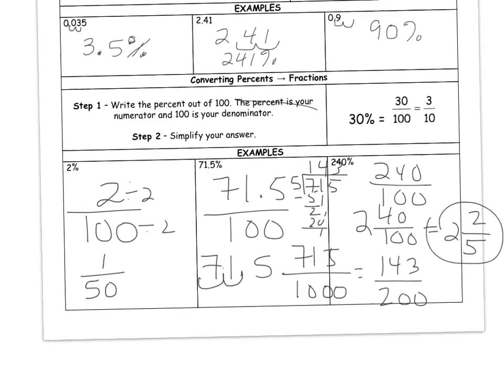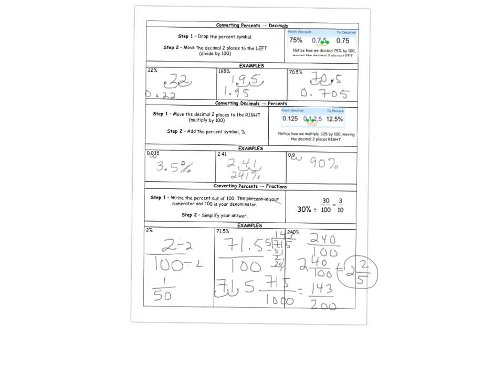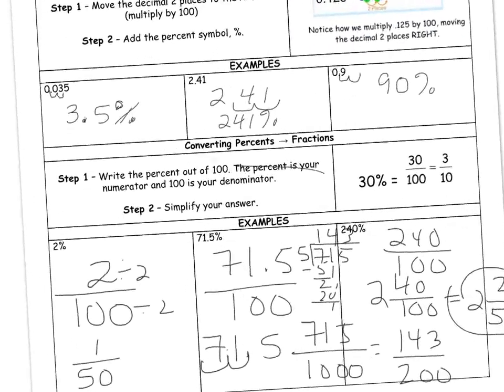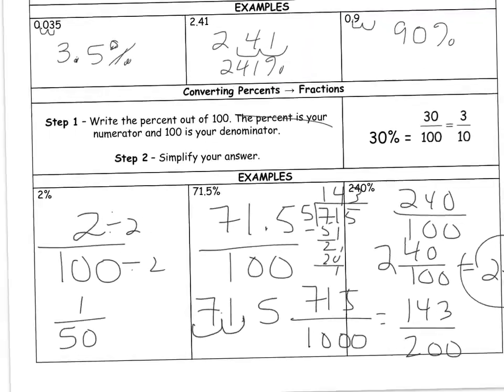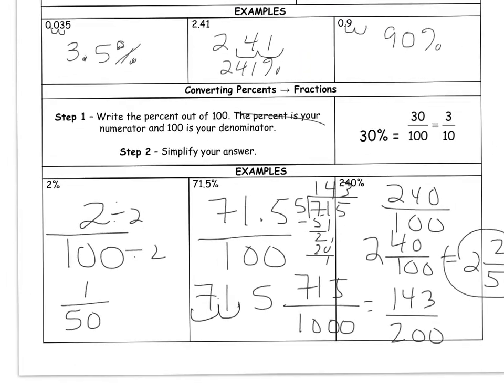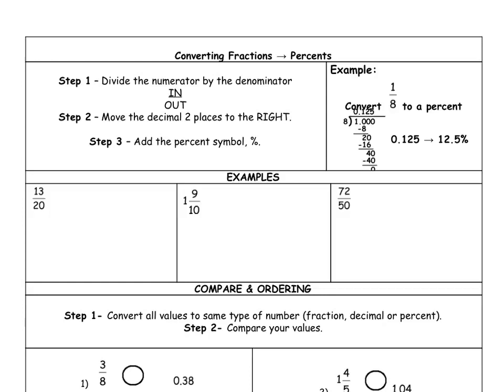And so on this page we talked about converting percents to decimals, converting decimals to percents, and converting percents to fractions. So on the next page, we're going to be talking about converting fractions to percents.